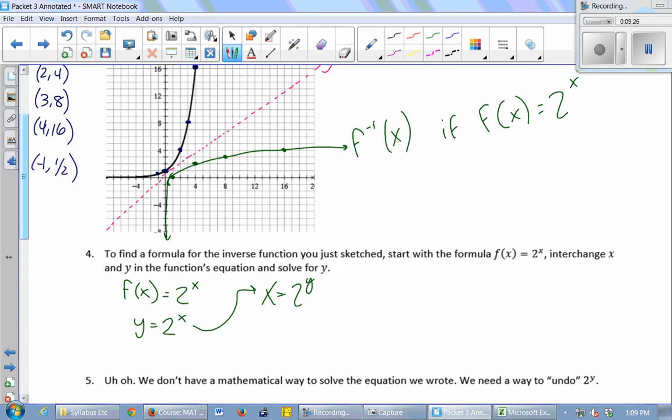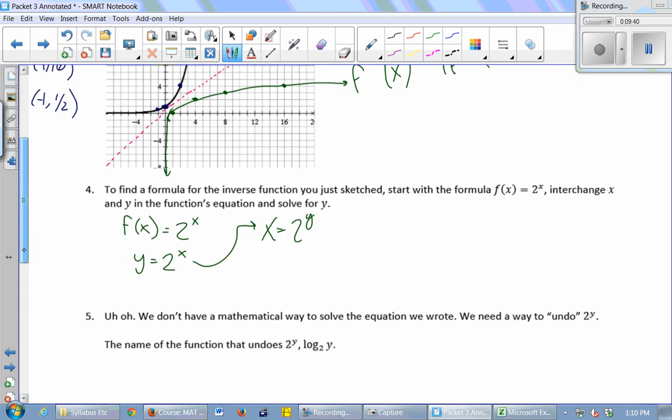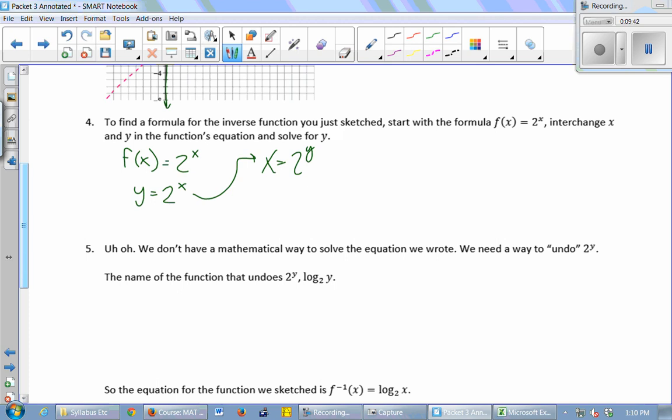But uh-oh, I don't have a mathematical way of getting the y by itself in that equation. We need a way to undo 2 to the something, right? How do you undo raising 2 to some power? So the name of the function that undoes 2 to the y, we're just going to name it log base 2 of y.